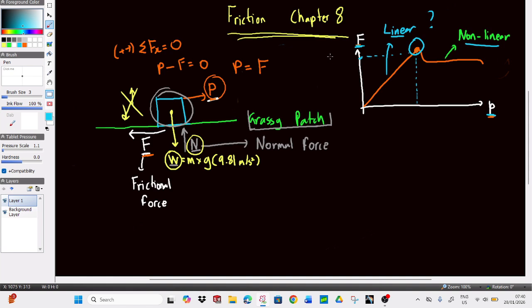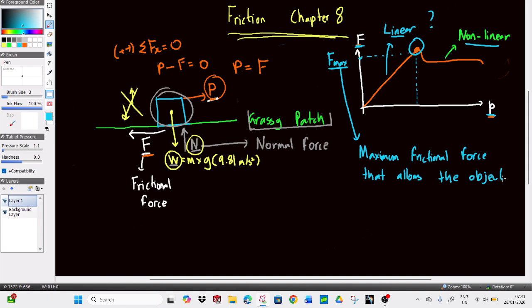The static frictional force is basically the maximum frictional force that allows the object, in our case the box, to remain stationary on the surface. That is what we call F max, our static frictional force.